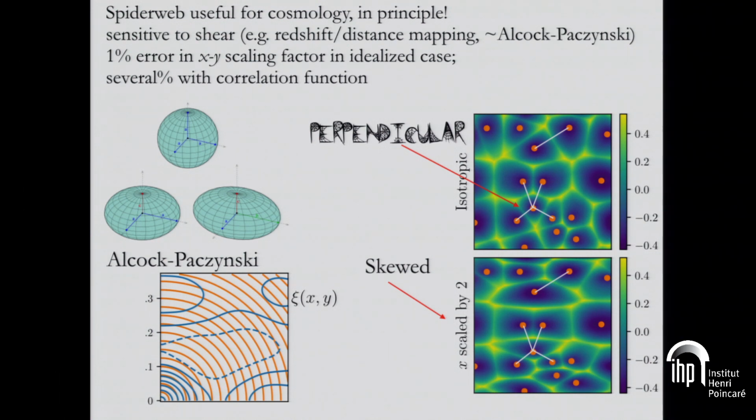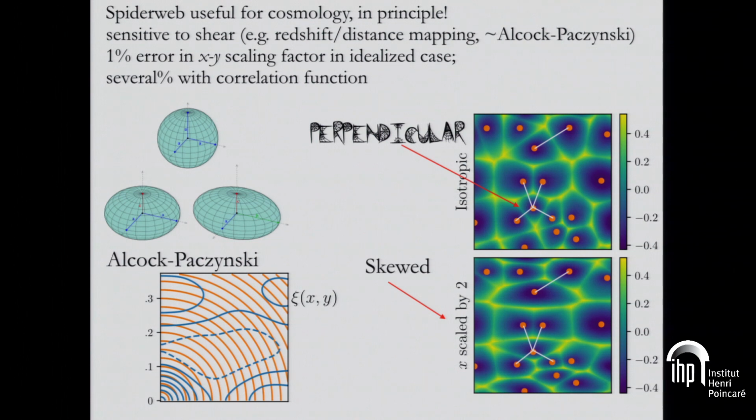So if we could perfectly reconstruct the centers of these cells and where these cells are, we could test for whether these things were perpendicular to each other, and in principle do something like an Alcock-Paczynski test, looking for distortions in one dimension relative to the other directions.